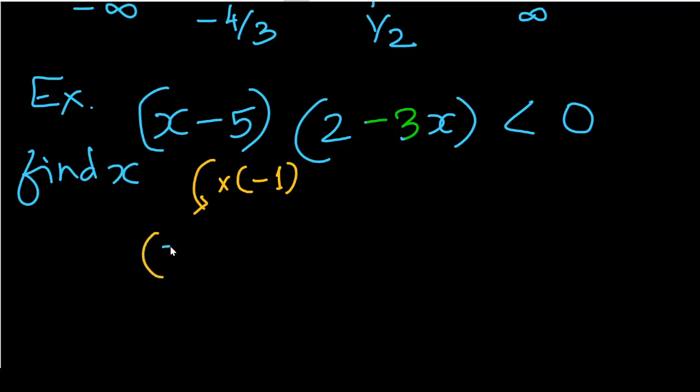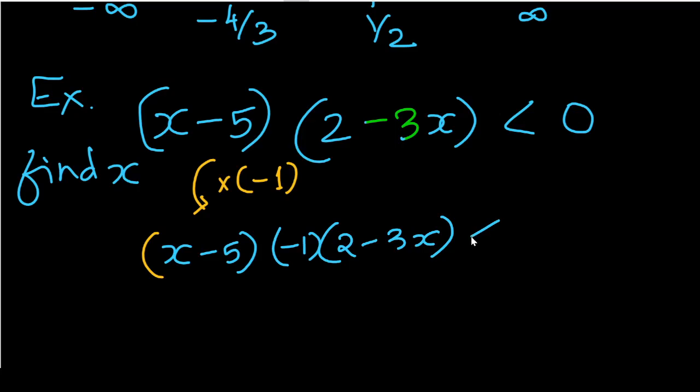When minus 1 is multiplied, we will tag it with the second factor, because only one minus 1 is multiplied, guys. So this becomes what?